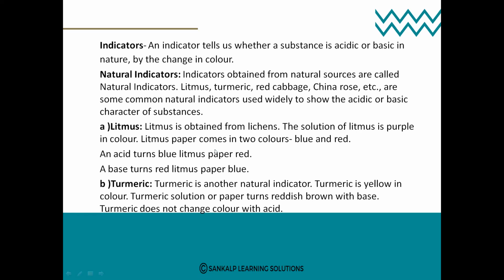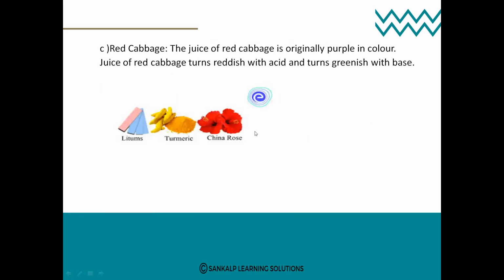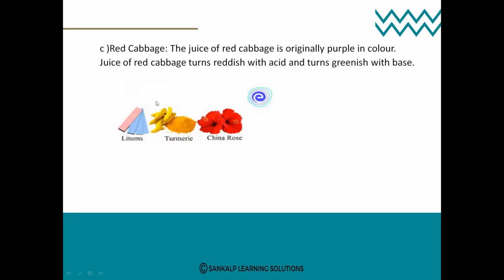Often the litmus paper comes in two types, one red and one blue. So tell me, in the last class we saw it: acid turns what? Acid turns blue litmus to red.